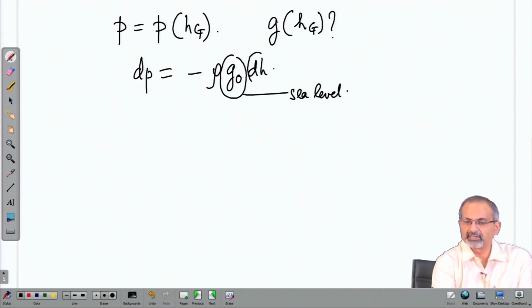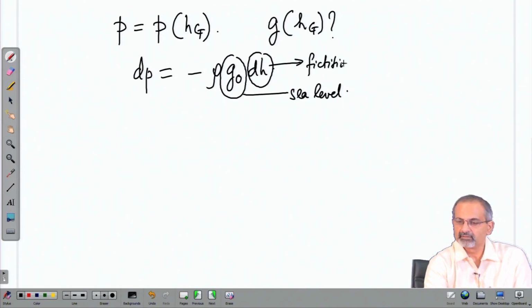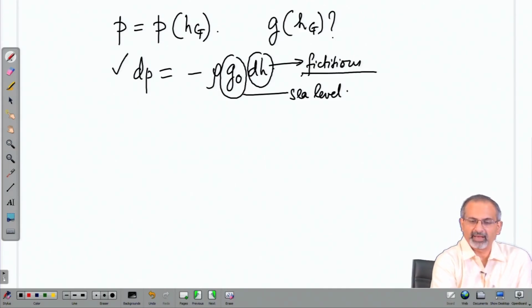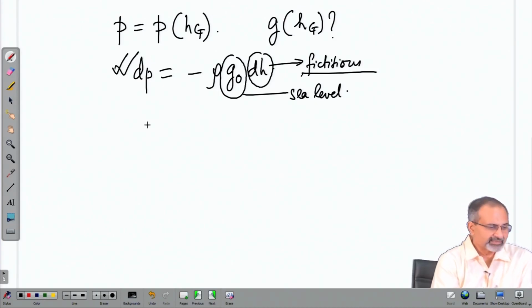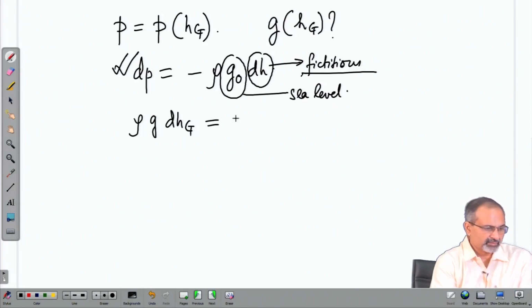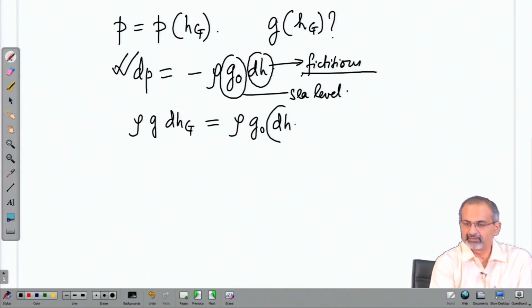Instead, you will have a different change in height, which is basically fictitious, so that you have the same value of dP produced anyway, which is like saying that you are equating rho g dHg with rho g naught dH, where this change in altitude is a fictitious one.